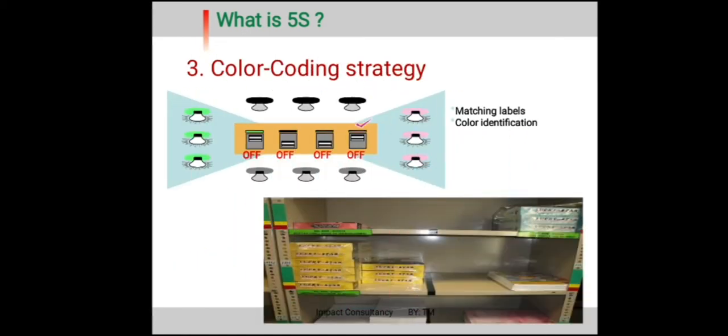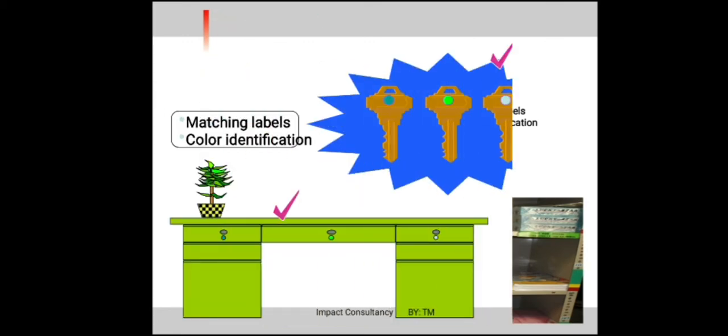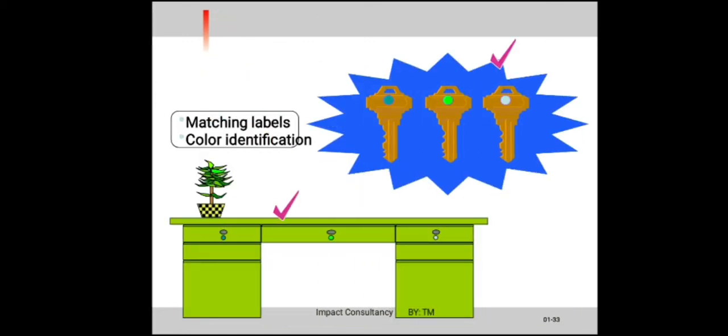Color coding strategy is making a color on the equipment and the on-off buttons, different color coding to show which one makes on and which one makes off, so that matching levels, color identification.